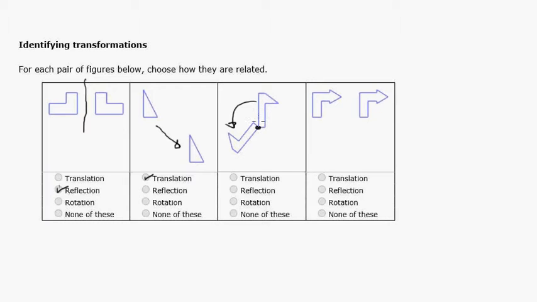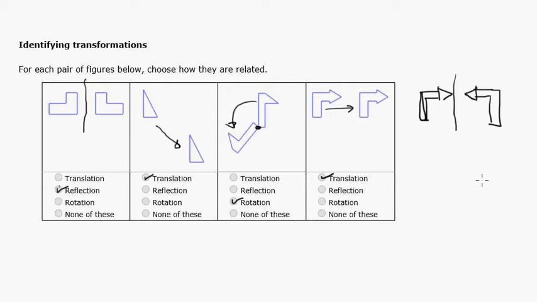Rotation. And then this one I would say is a shift. It's not a reflection, because if it was a reflection it would look like that. That would be a reflection about some line. So this is just a translation.